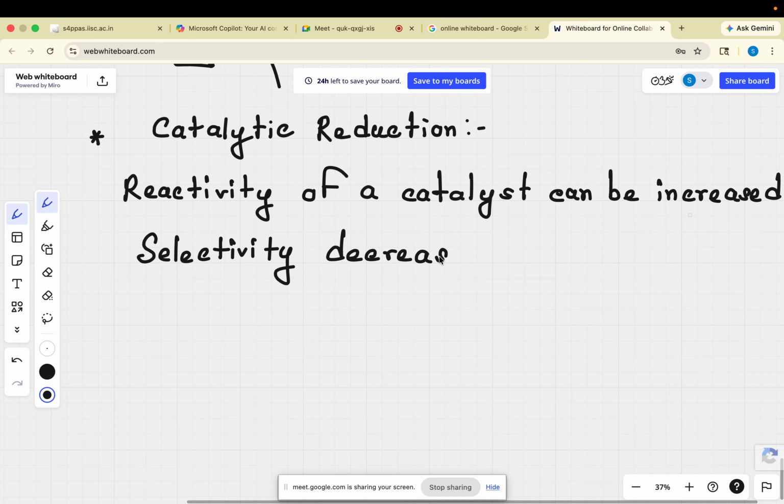They are inversely proportional to each other, reactivity and selectivity. So if reactivity is increasing, selectivity is decreasing. If reactivity is decreasing, that means you are increasing your selectivity.